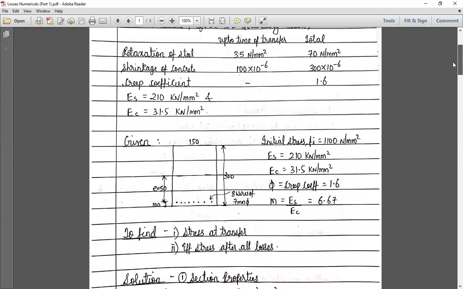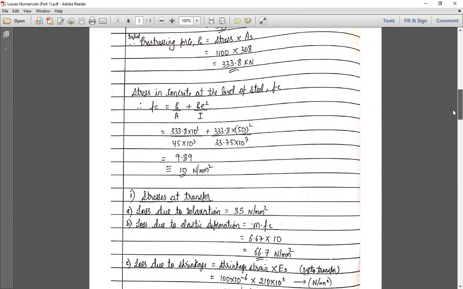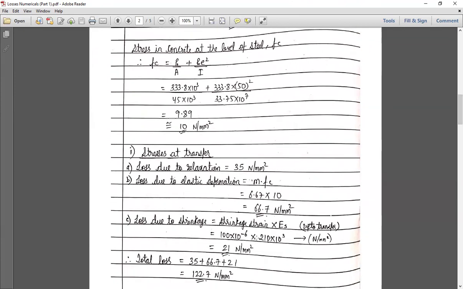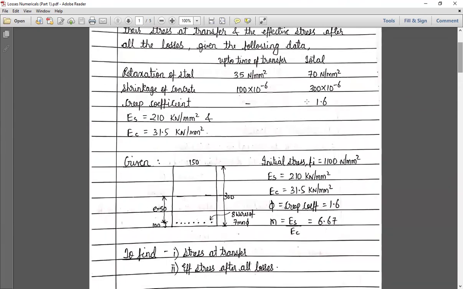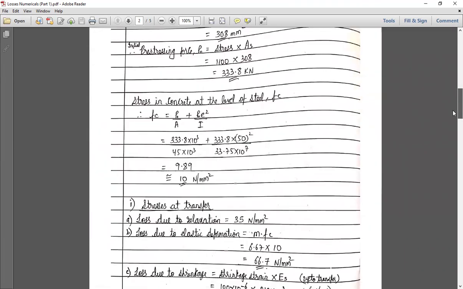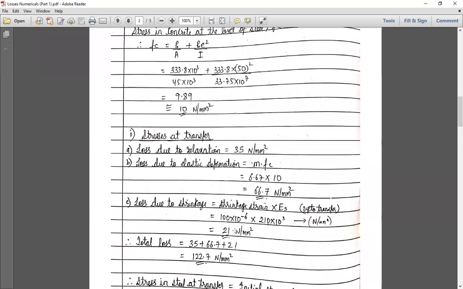Now let us find out shrinkage of concrete. Loss due to shrinkage, we know, is given by the equation shrinkage strain into modulus of elasticity of steel. In the question shrinkage strain is given to us, so we will use this equation.